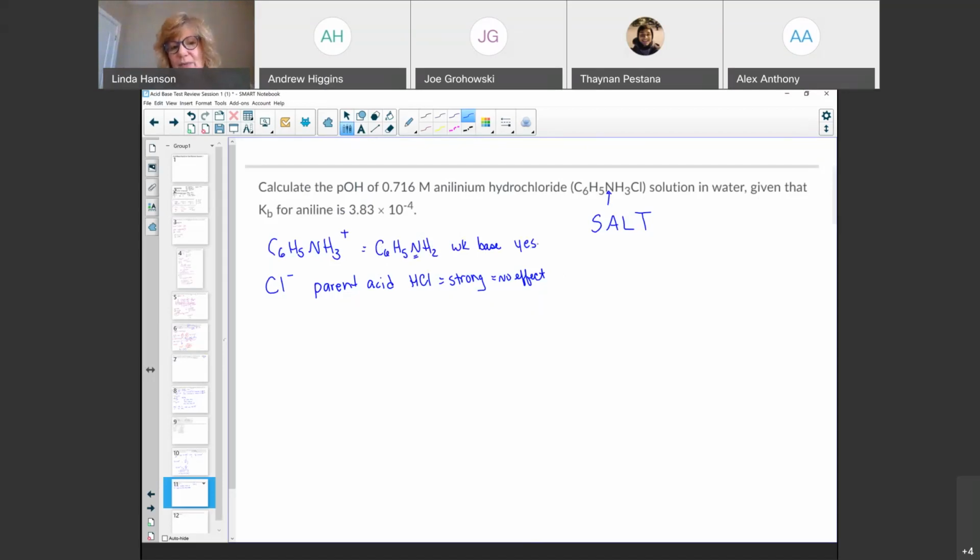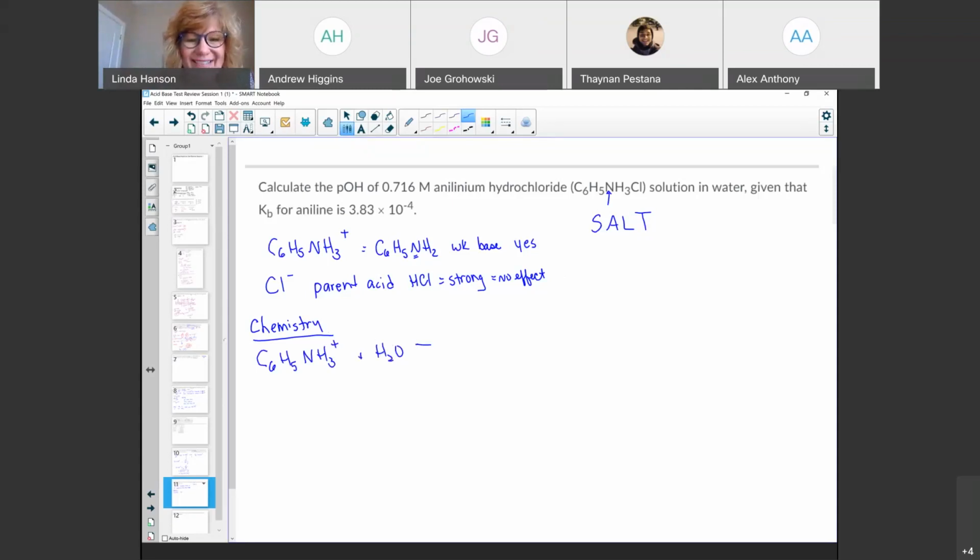And it does so by just simply forming conjugate pairs. So of this salt, this is the actual chemistry that affects the pH of the solution. We have C6H5NH3 plus, that's the cation in the salt, undergoing hydrolysis, so I know to always add water.